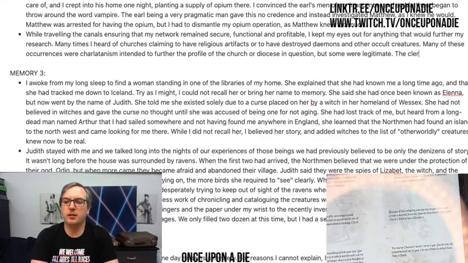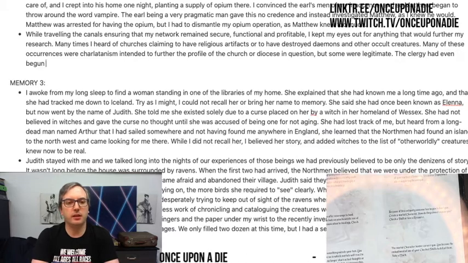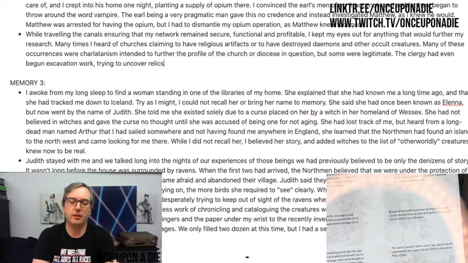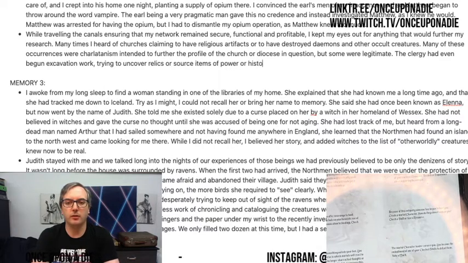The clergy had even begun excavation work, trying to uncover relics or source items of power or historical significance.